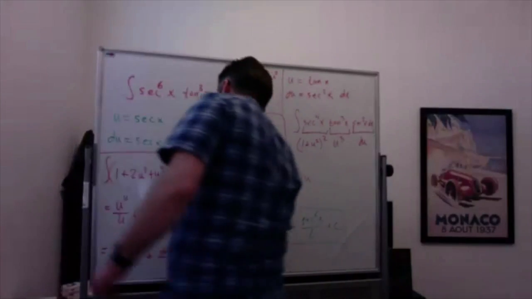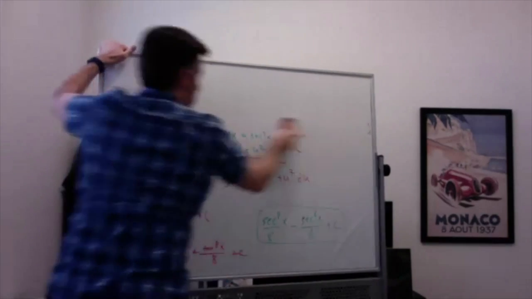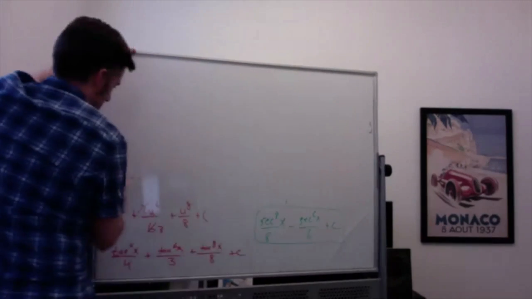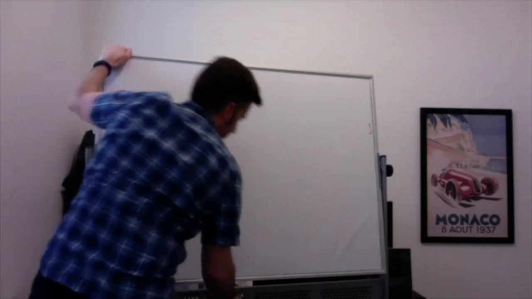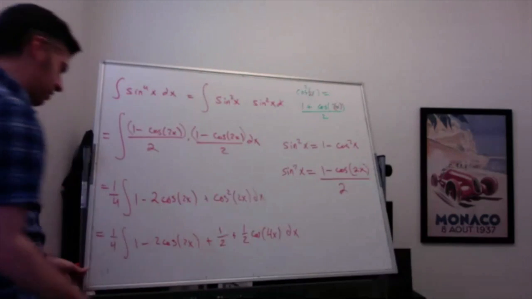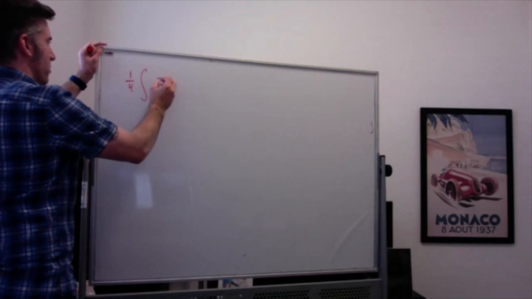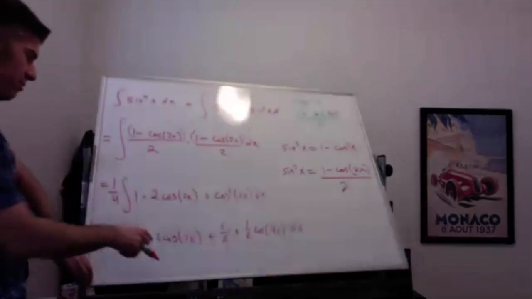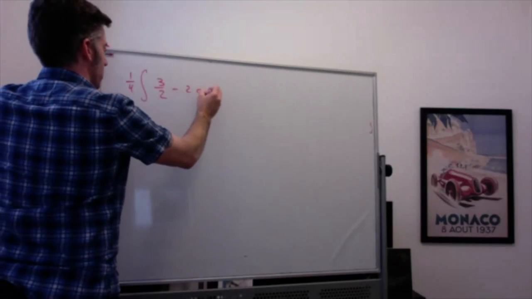I might as well combine things that combine, since we're going to the other side of the board. So that 1 plus the 1/2 will become a 3/2. I've got a 1 plus a 1/2, which is 3/2. I have a minus 2 cosine of 2x, and I have a plus 1/2 cosine of 4x.